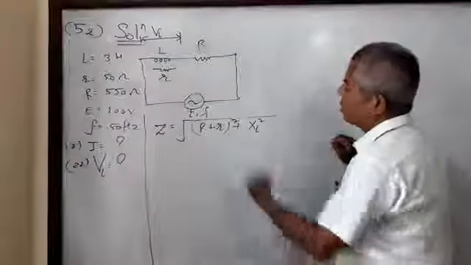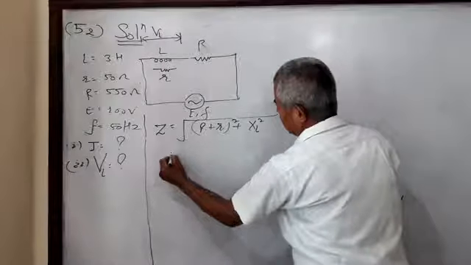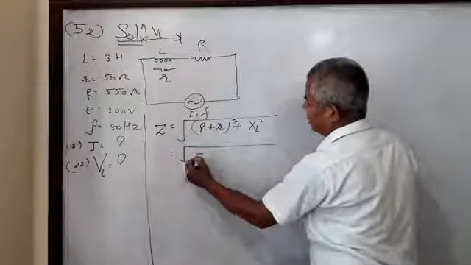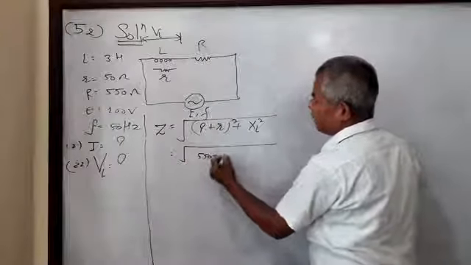Such type of question is already done. Then R is given to us, that is 550, and small r has value 50.